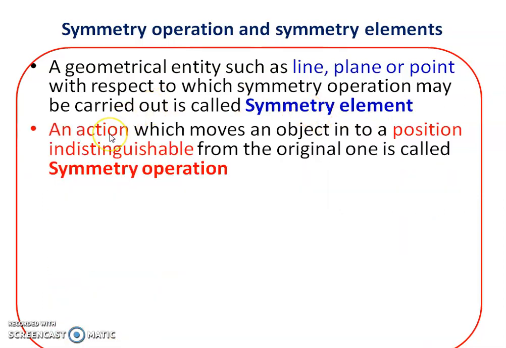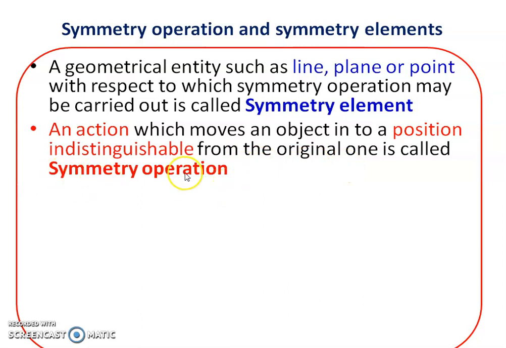Similarly, an action which moves an object into a position indistinguishable from the original one is called symmetry operation. So symmetry operation is an action by which a molecule or object moves to a position which must be indistinguishable, or equivalent, or identical to the original position.